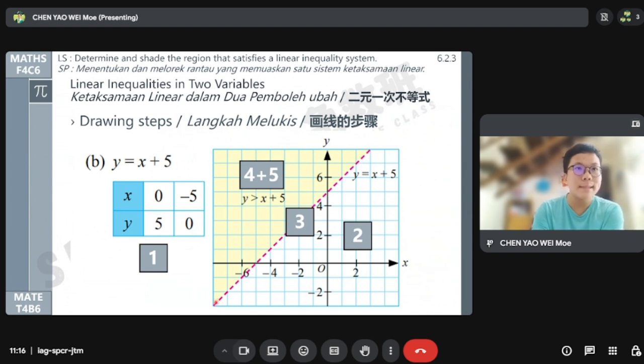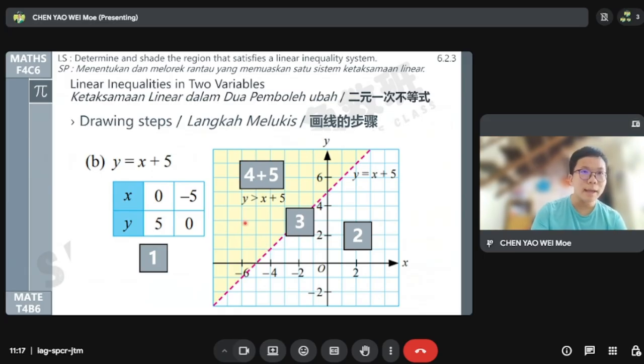But if it's equal to, we can put the solid line here. It means the value can be here, but if like this it cannot, because it means it is already out of the region.